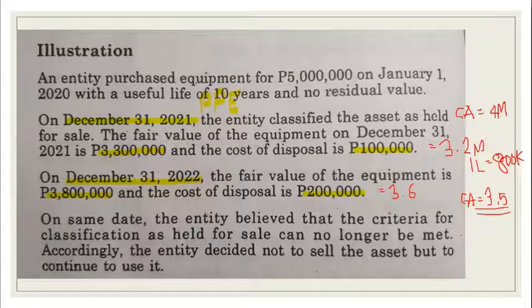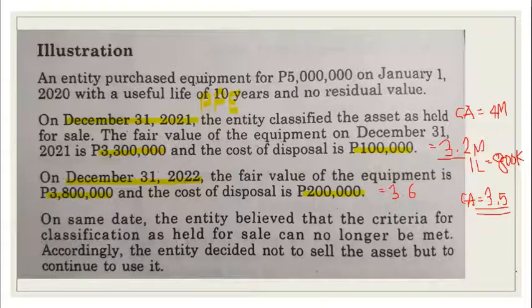However, take note, your equipment held for sale account, what is its value? It was only valued at 3.2. So, meaning, on reclassification, you get a gain on reclassification of 300,000.